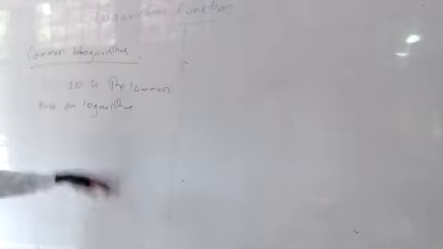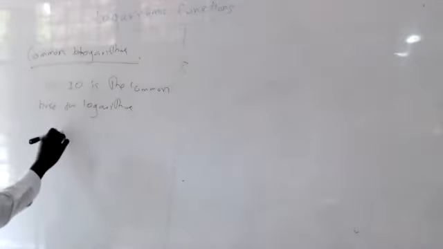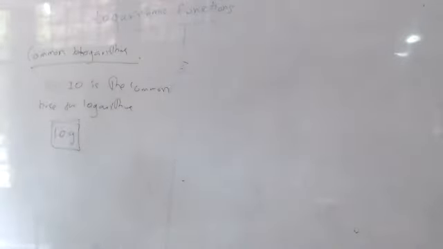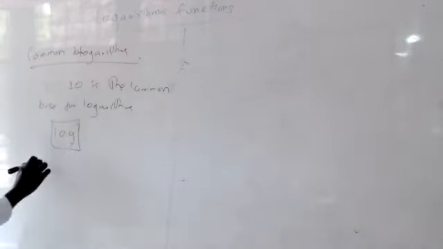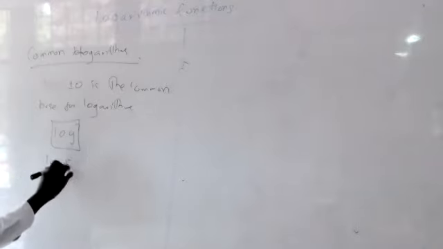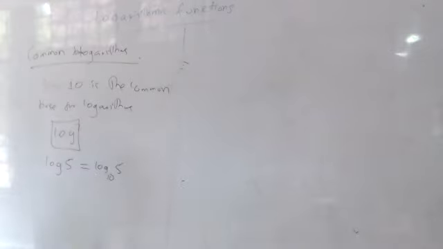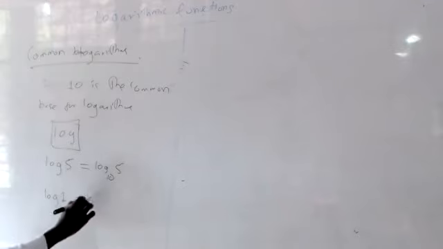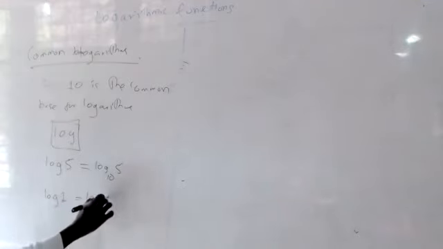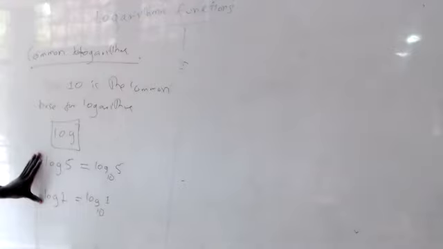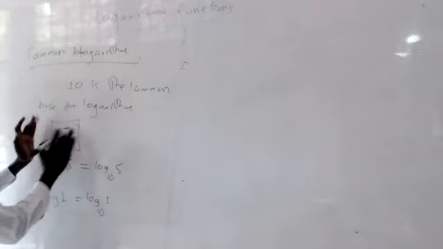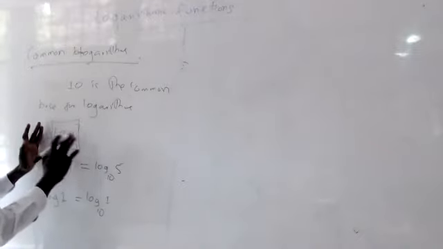So most of your calculators have a button written log like this. Automatically, you know this is a log to a base of 10. So when you meet expressions like log of 5, this simply means log to base 10 of 5. When you meet expressions like log of 1, this simply means log to the base 10 of 1. And this you can find in your calculator by just pressing the key that has this label, log.